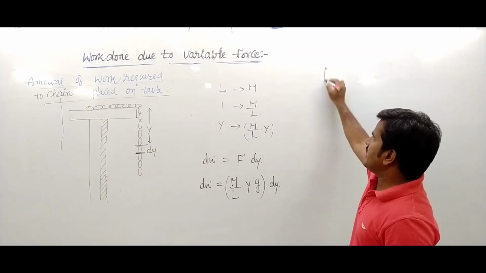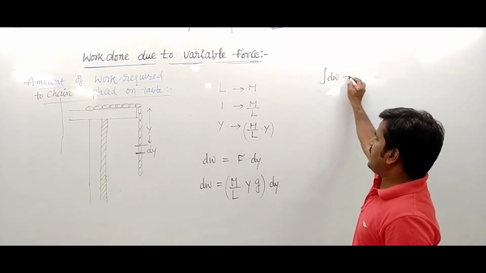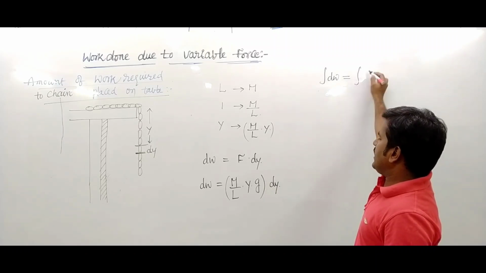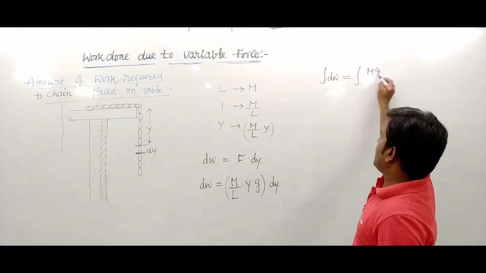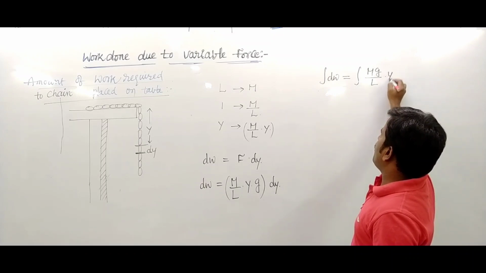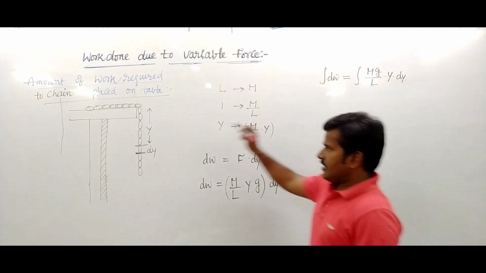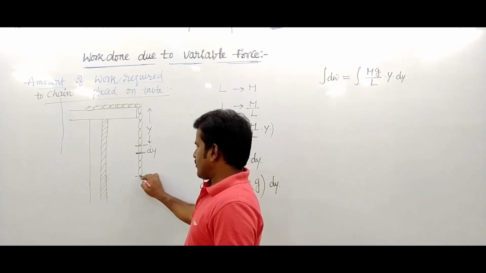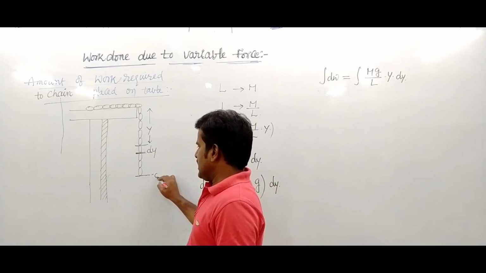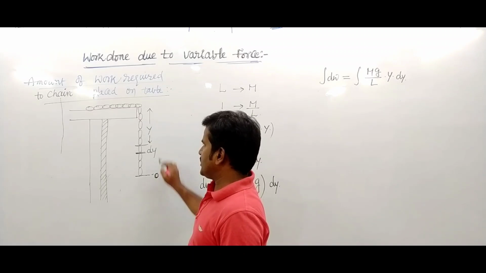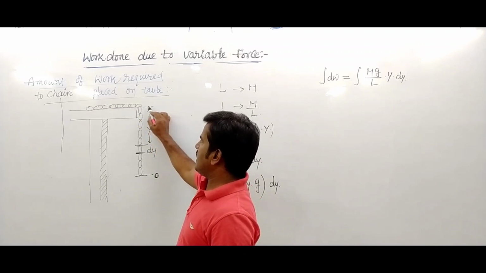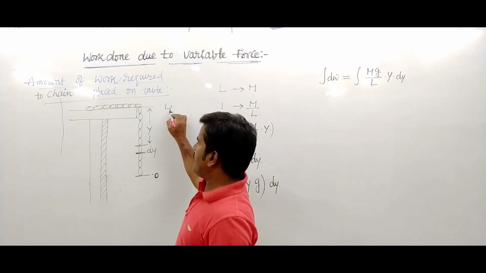Since it is a variable, we integrate on both sides: the integration of mg upon L into y into dy. Now the limits: this is the lowest position, considered 0 position, and this is considered L upon nth part.